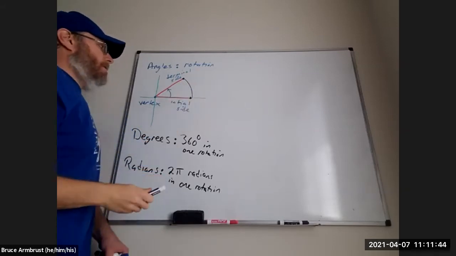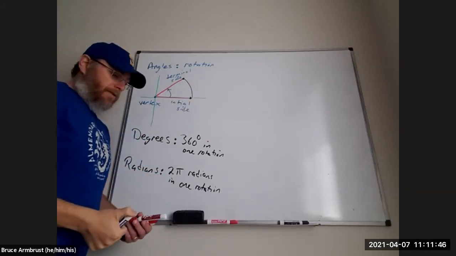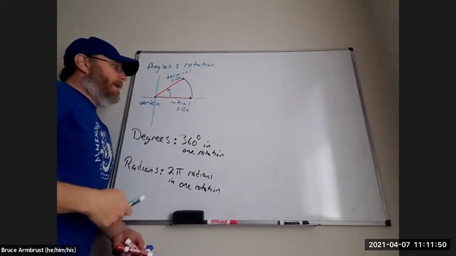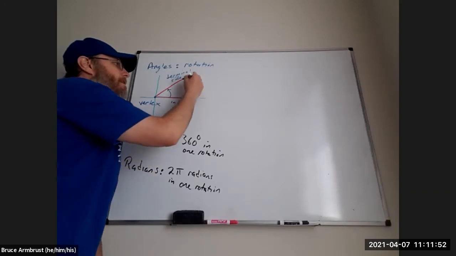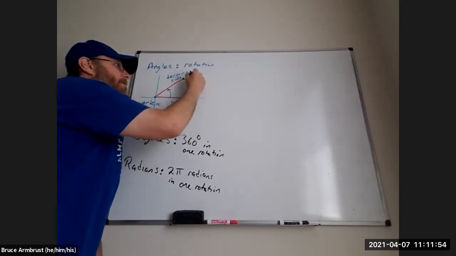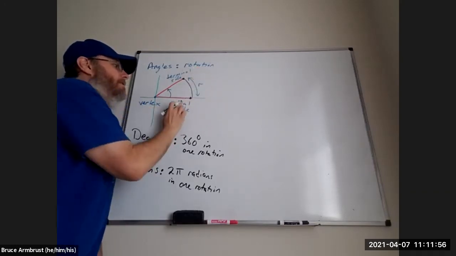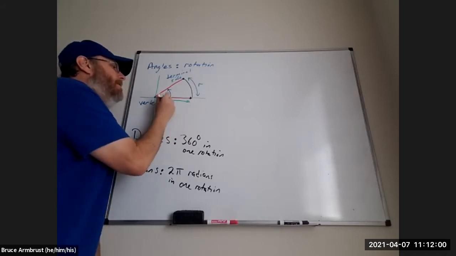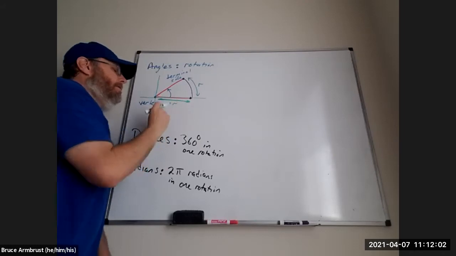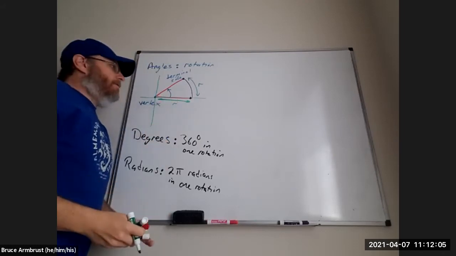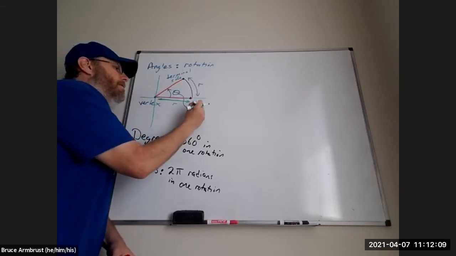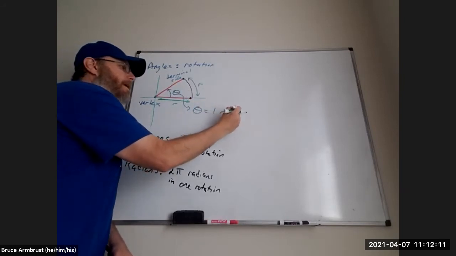And the way that 1 radian is defined, 1 radian is such that the arc length right here equals the radius of that circle. Then this angle that I'll call theta is equal to 1 radian.